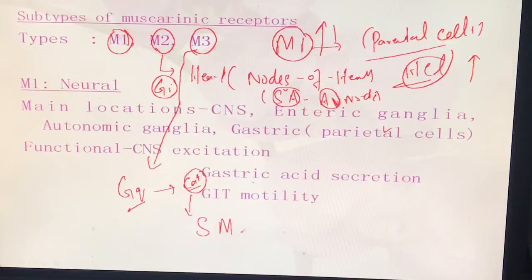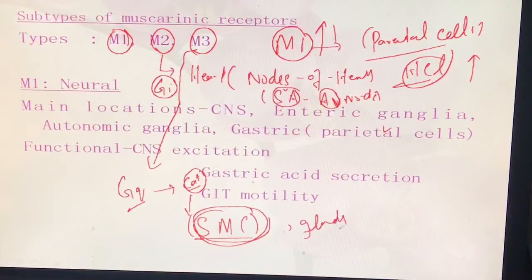So these receptors are present over smooth muscles and help with contraction. The smooth muscle contraction is done by the M3 receptor present over smooth muscle, and also over the glands. It causes bronchoconstriction, and sometimes vasodilation. That is the function of the M3 receptor.